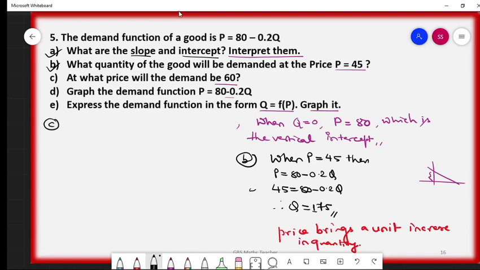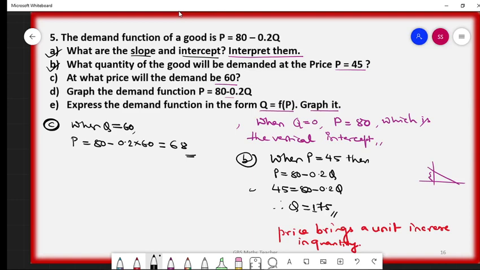At what price will the demand be 60? When Q equals 60, then P equal 80 minus 0.2 times 60, it's 12, 80 minus 12, 68.